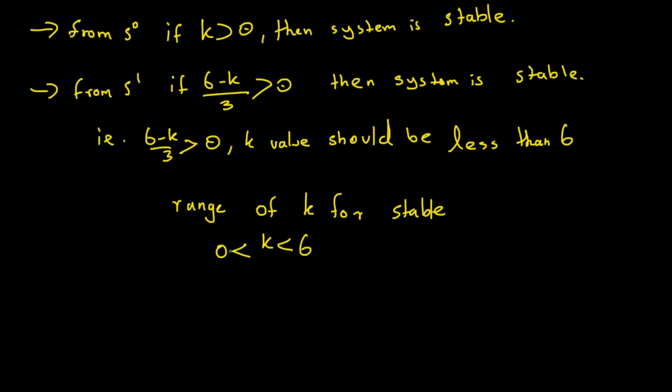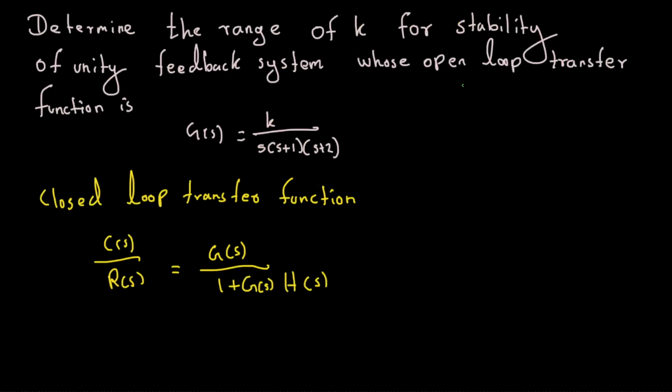And if it's greater than or equal to 6, that will contradict with this one, because it cannot be 0 or negative. So in order for both of them to be positive, it should be greater than 0 and at the same time less than 6. That's why this is the range of k to be stable, and that's what the question is asking for. Determine the range of k for stability, and this is how we find it.